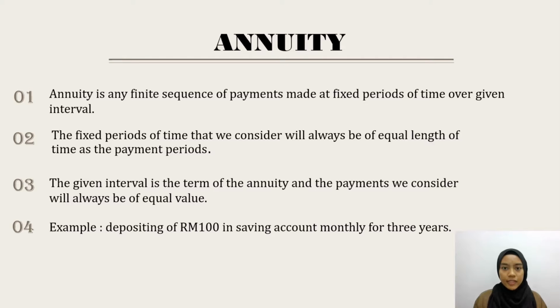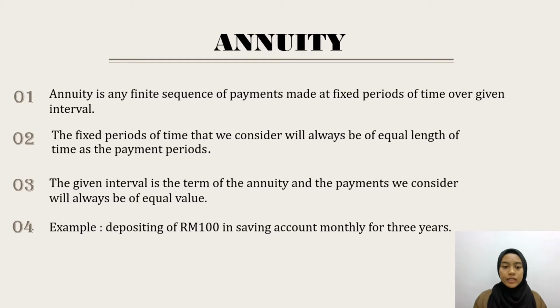So what is an annuity? An annuity is any finite sequence of payments made at fixed periods of time over a given interval. The fixed periods of time that we consider will always be equal in length to the payment periods. The given interval is the term of the annuity, and the payments we consider will always be equal in value.